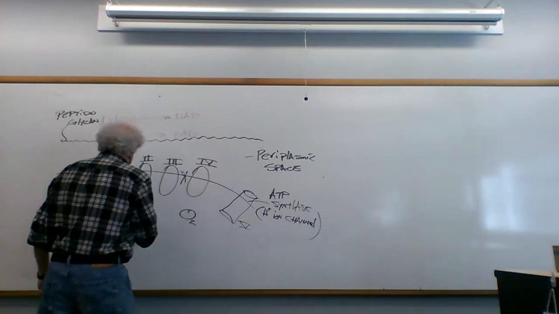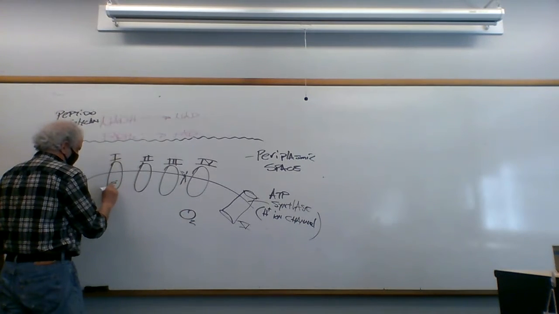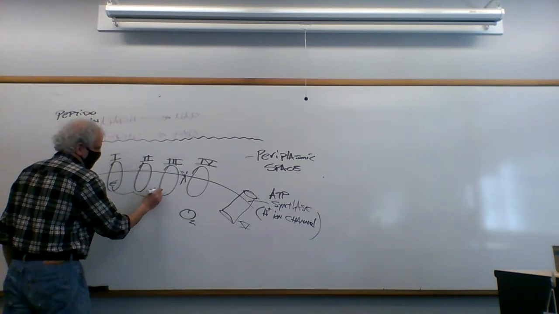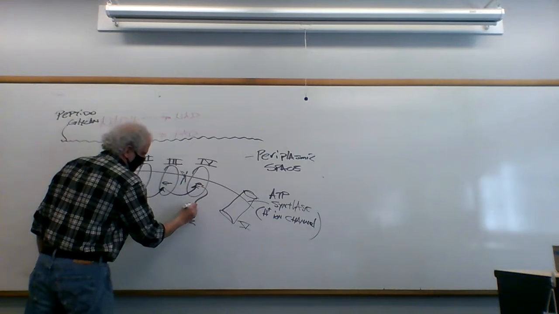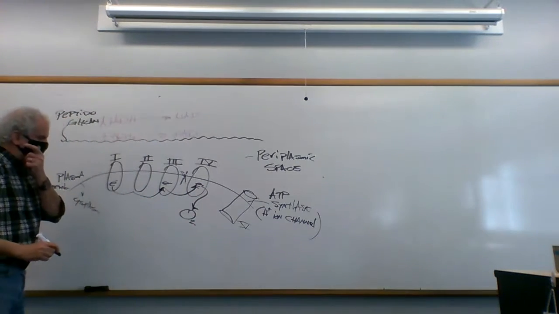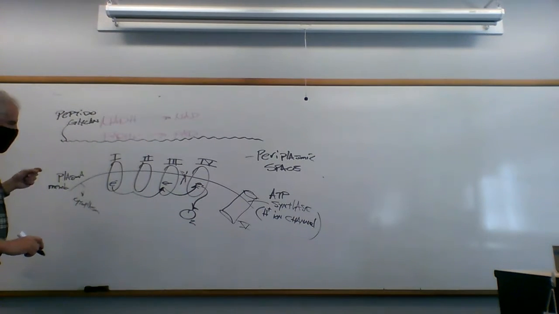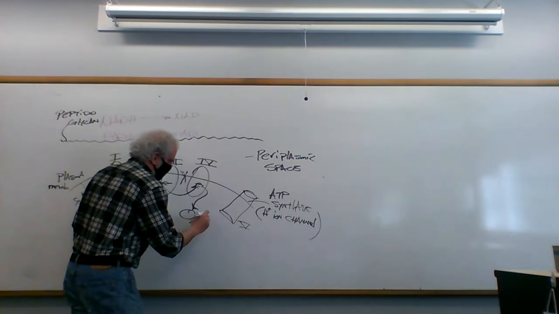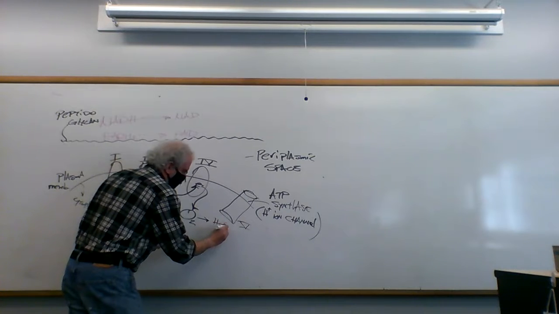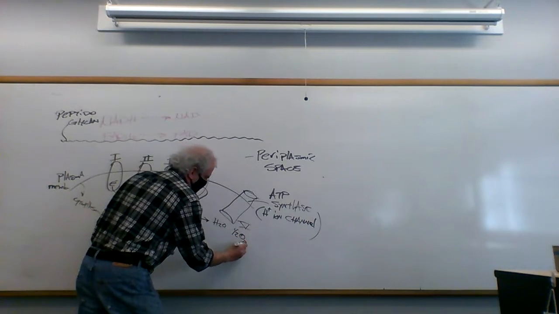The electron is actually skipping complex 2, but regardless, the electron is being dumped onto that molecule. And let's look to see what happens if we run out of oxygen. So we generate water and the oxygen radical.